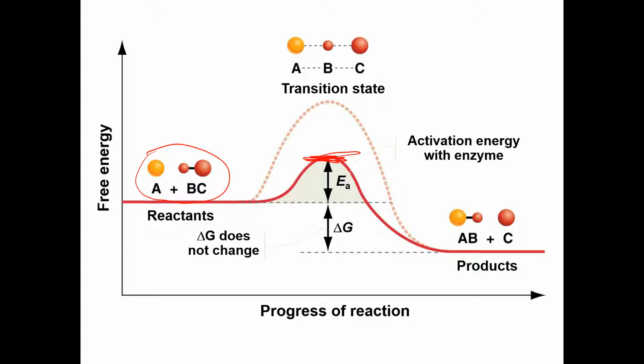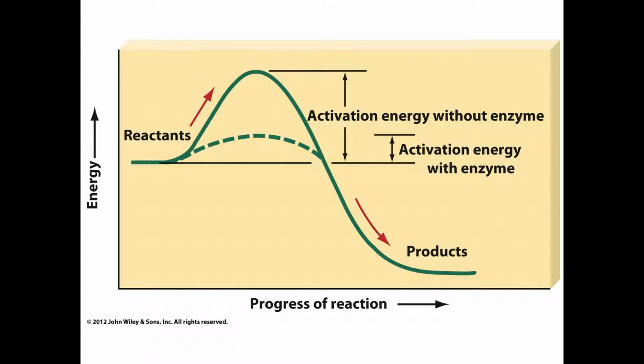The enzyme brings these molecules in close enough proximity to facilitate and aid this reaction, so that it can reach the transition state where you're breaking bonds and forming new ones, and the reaction will go downhill. So enzymes lower the activation energy needed for a chemical reaction to take place.